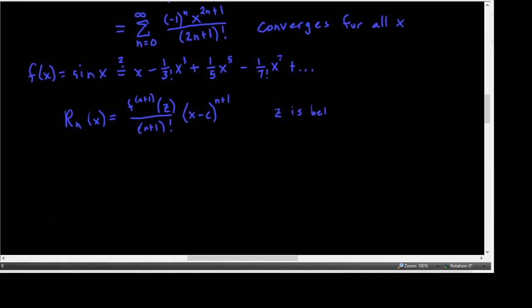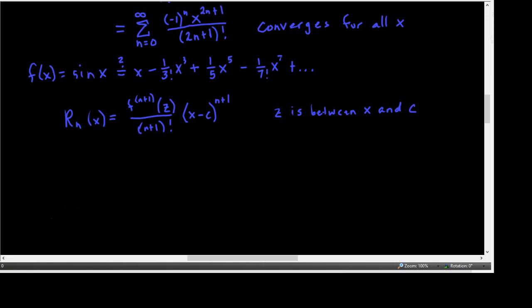So there's some number z out there that if you calculated it in that formula to the left, it will give you exactly the remaining part of that series. Now, we can't usually find that z, but we do know that it's between x and c. And a lot of times we can find a boundary, like we did before, that the answer was within so much, like 0.0001 or whatever.